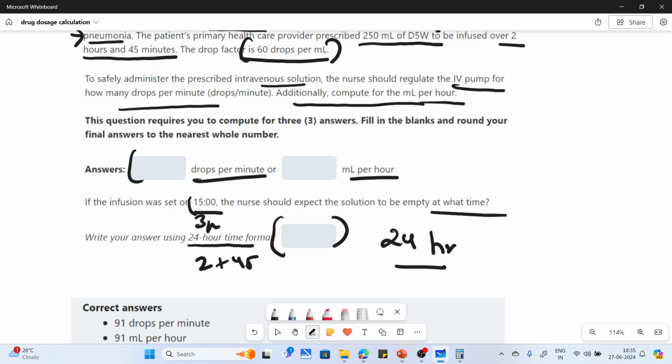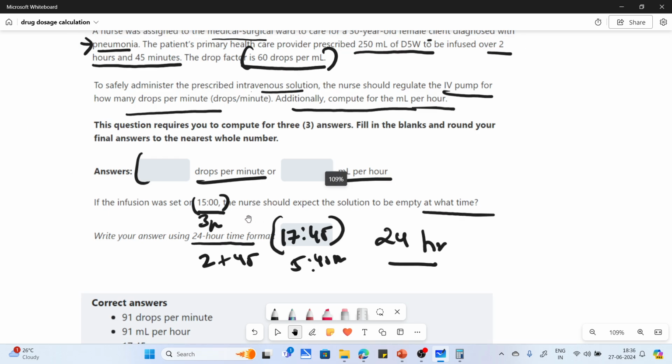So if you add this time to 3 o'clock, in 24-hour format it is 15, 16, 17. So the first answer we have already got: 17:45, means 13, 14, 15, 16, 17, around 5:45 p.m. it is going to get over. One question we already got, the other two questions we will focus on now.